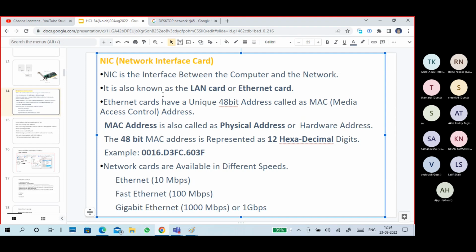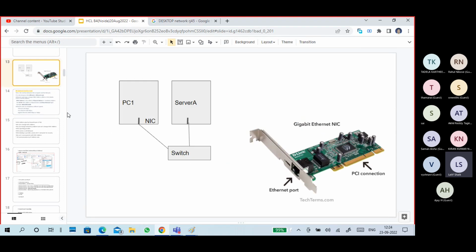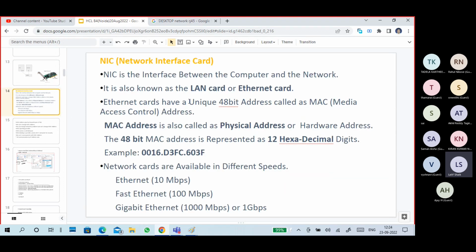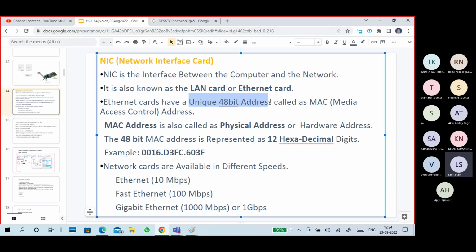Next, every NIC. You have a NIC to connect, right? Every NIC has a unique 48-bit address on every Ethernet card or NIC card. That we call a MAC address.